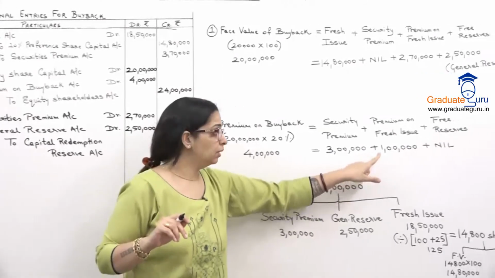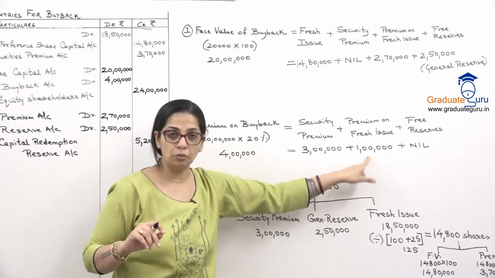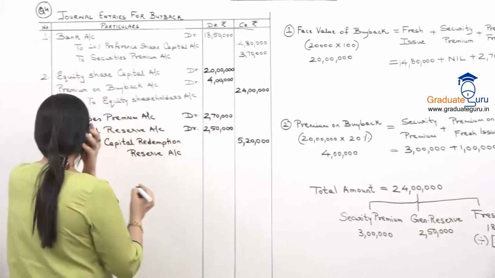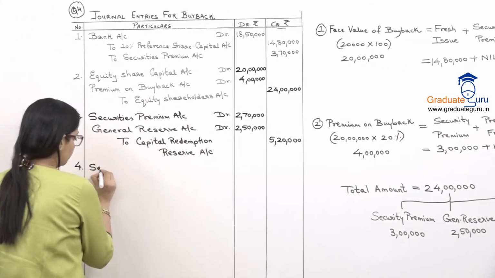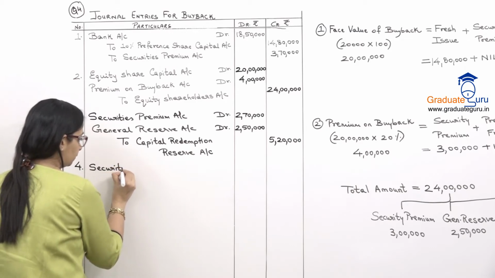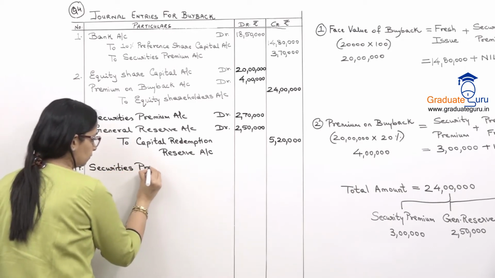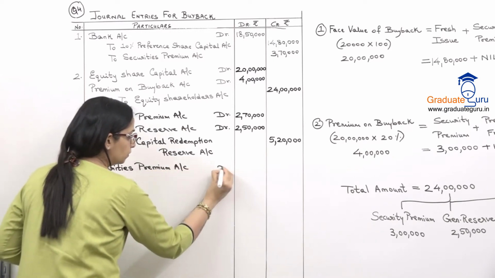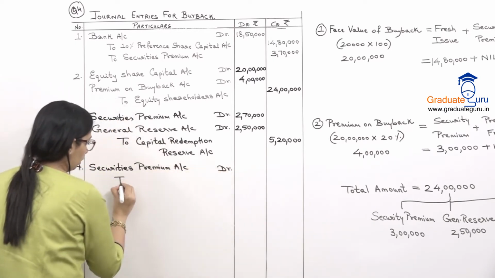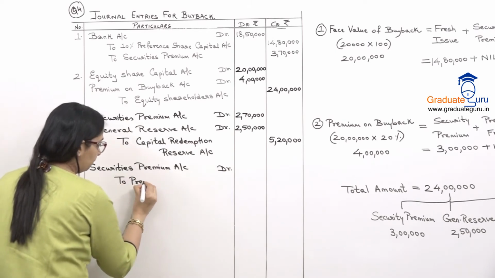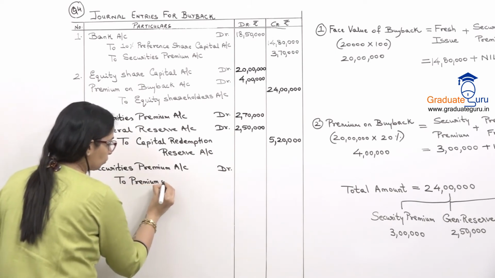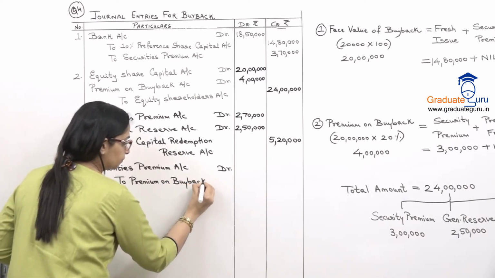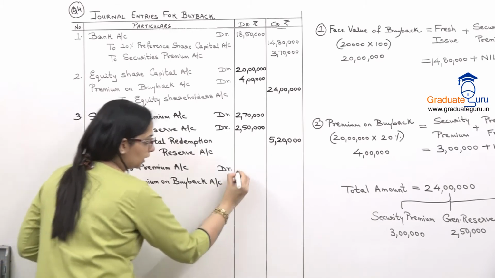Security premium and premium on fresh issue. This is nothing but total security premium ही है. So I will debit security premium account. So securities premium account debit to premium on buyback account. Total 4 lakhs.